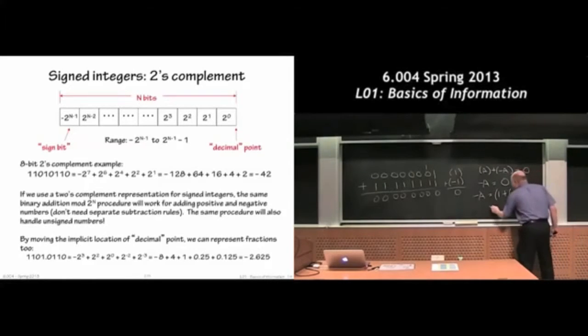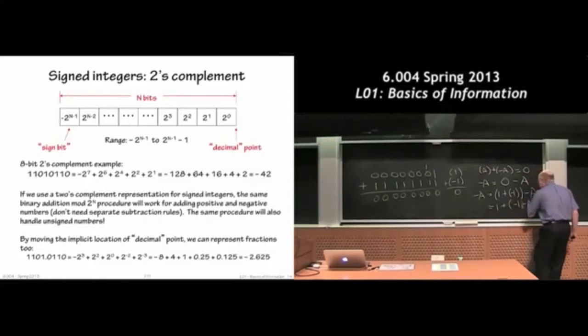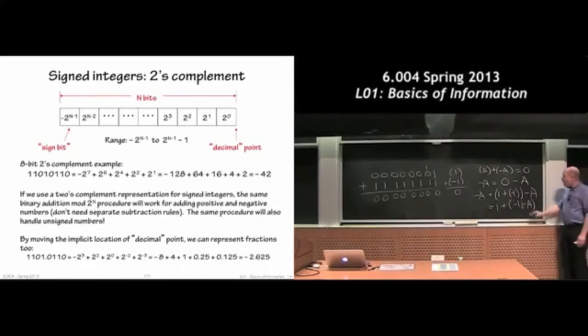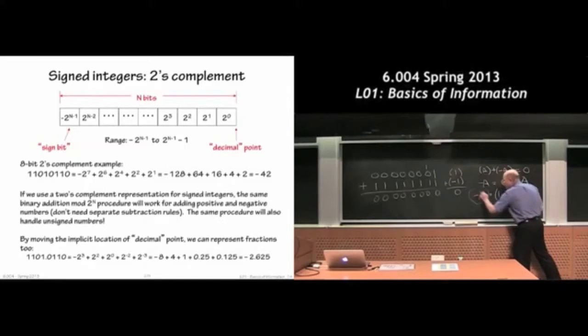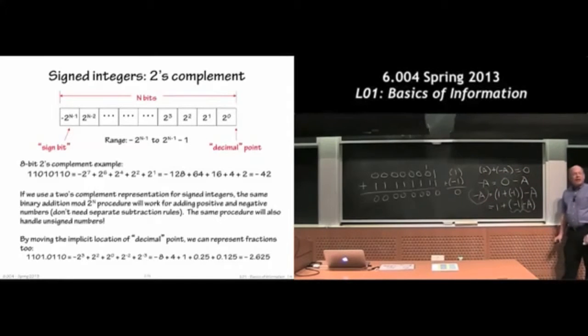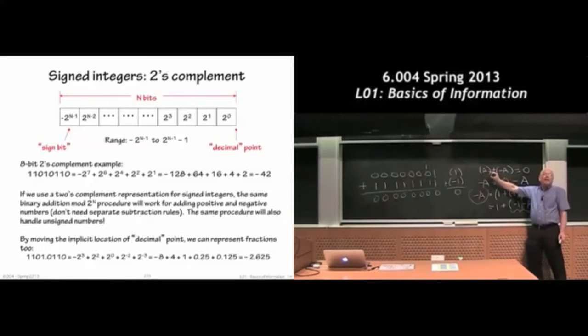This is a lot of work for doing very trivial manipulations. But now I'm actually going to compute this, and then I'll finally be able to come up with an actual binary representation for minus a that will let me use addition whether I'm dealing with negative numbers or positive numbers.